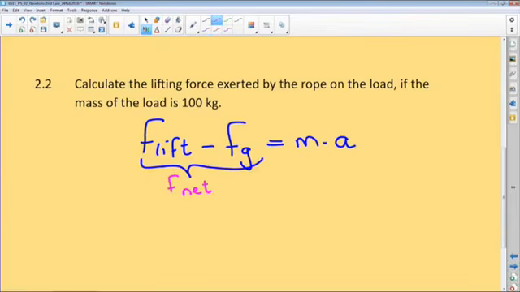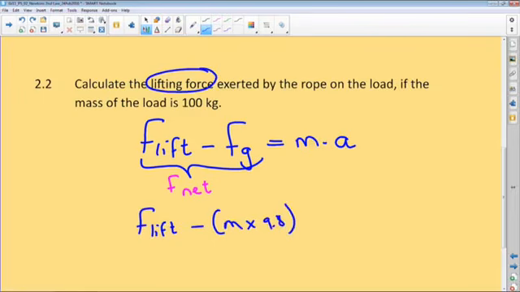Okay, so we need to calculate our lifting force. So our force lift, how do we calculate force due to gravity? We're going to go mass times 9.8 is equal to mass, which is going to be 100 times 5.